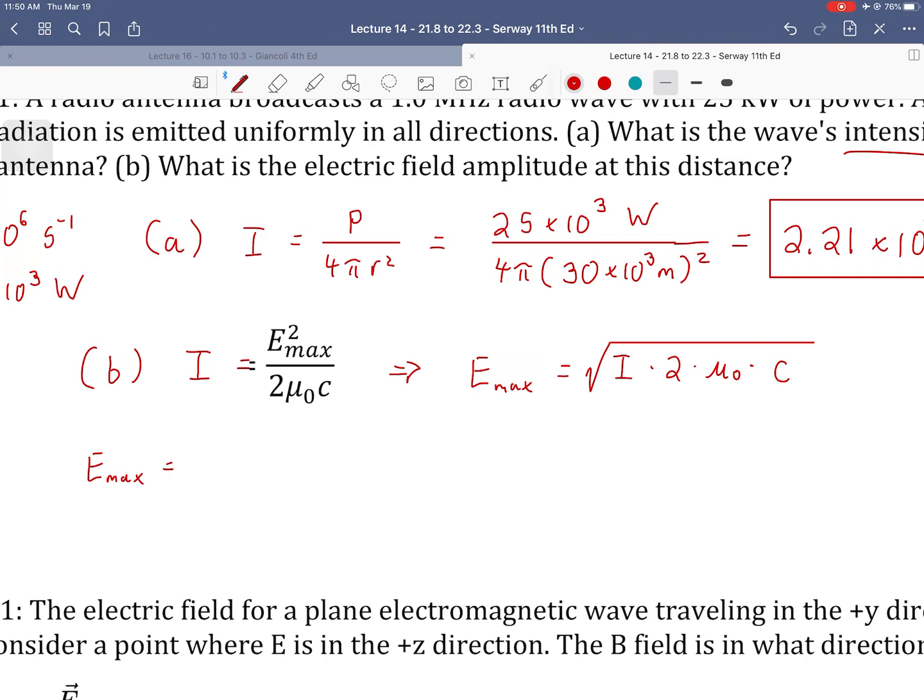Okay, so let's put this into practice. Let's just get our value of, in this case, the permeability constant. That should be 4 pi times 10 to the negative 7. Let's make sure we're getting that. So I'm going to pull up the value over here from your formula sheet.